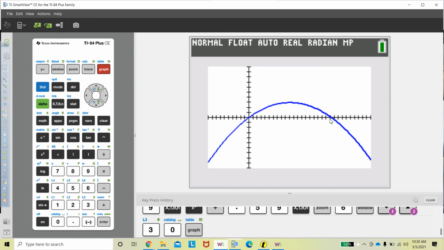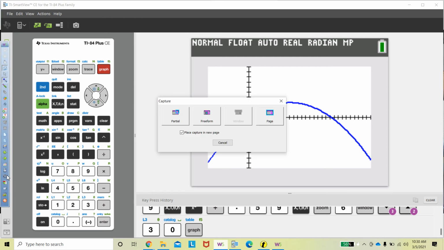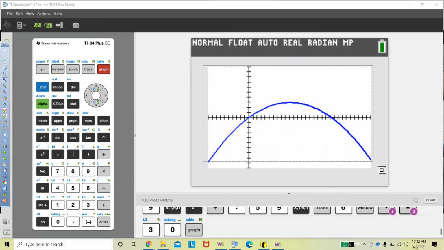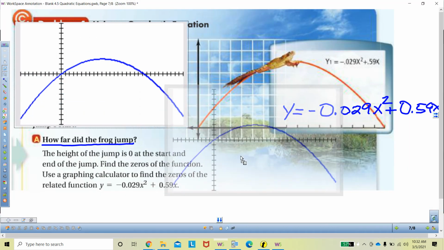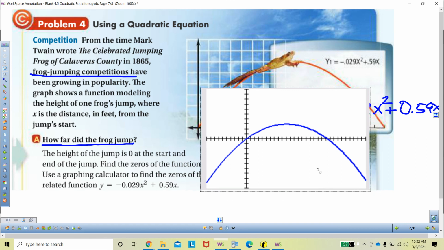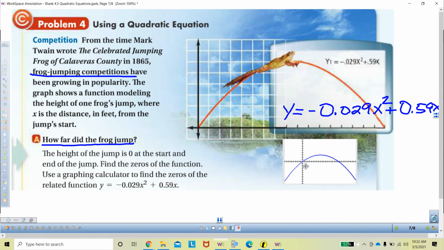Get ready. What we're trying to find here, let me just copy this. We're trying to find how far it jumps to this point right here.